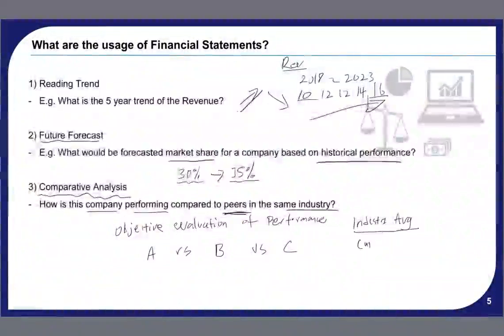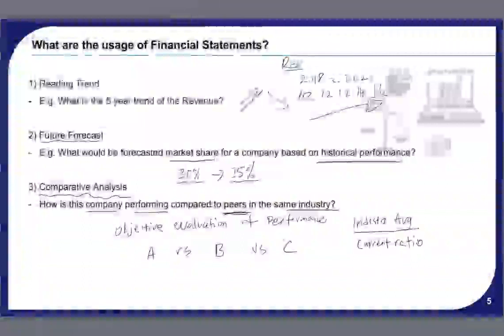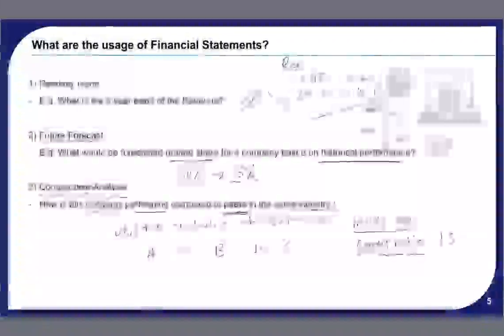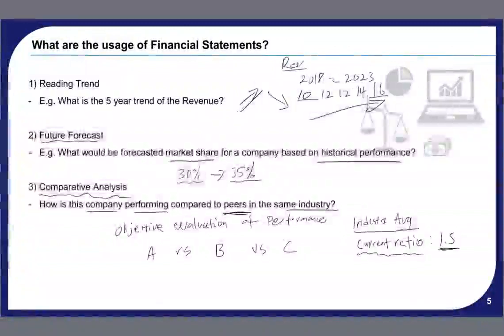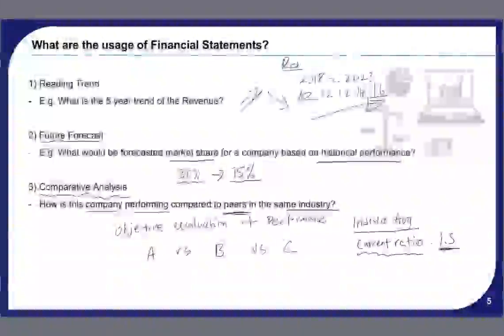It's okay if you don't know what the current ratio is as of now, but the current ratio basically just measures the liquidity of a company. Let's say the industry average of the current ratio is 1.5, okay? So using this meaningful figure here, we can determine if we're aligned with the industry, doing better than the industry average, or performing below the industry average. So it's very useful in that sense.